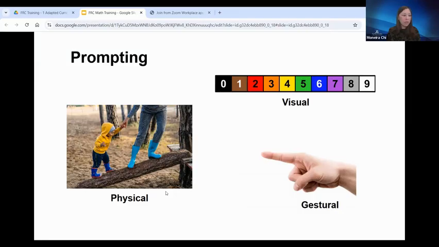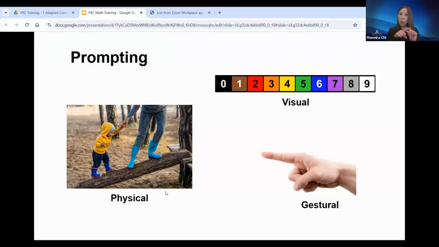We are often going to use this type of prompt with early learners or when we're teaching a brand new skill. And then over time, depending on the skill, we might be able to fade that prompt away to maybe just a partial physical prompt. An example might be if you're teaching a child to count objects using one-to-one correspondence.